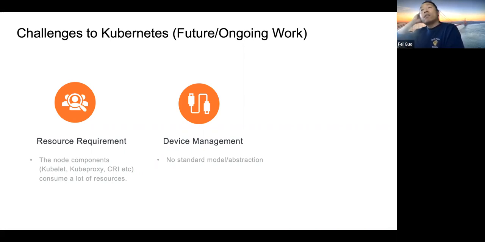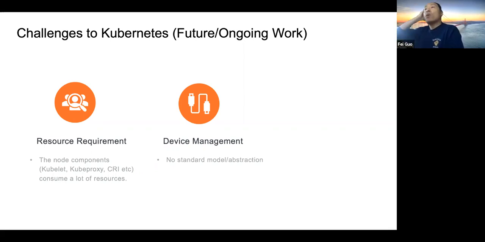Another thing is device management, which I think is a strong aspect of KubeEdge anyway. But to me, this is also challenging because there is no standard model and abstraction for this. I would say it is highly opinionated in terms of the API design and the real implementation of the controller.